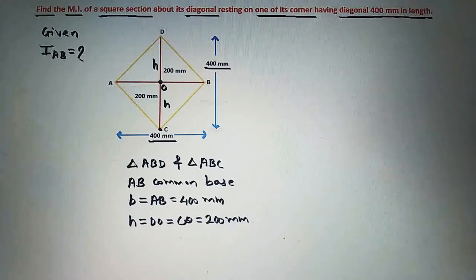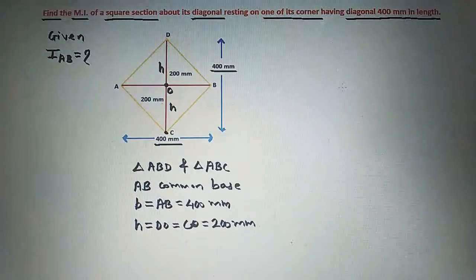DO is the height of triangle ABD and CO is the height of triangle ABC, and AB is what? It is a common base of these two triangles. So we are taking small b as the base length of these two triangles, equal to 400 mm, and h is the height of these two triangles, equal to DO equal to CO equal to 200 mm.